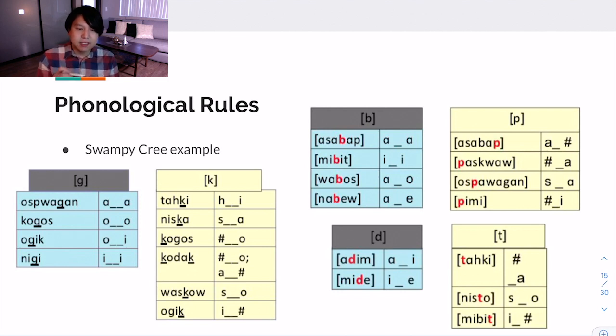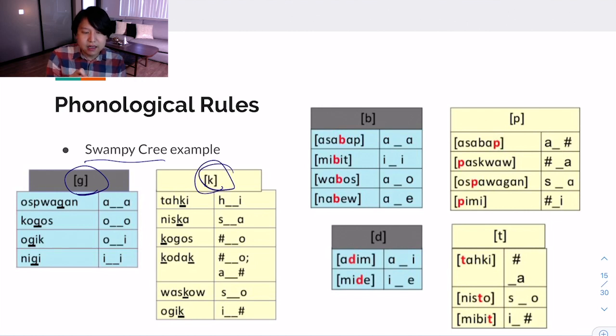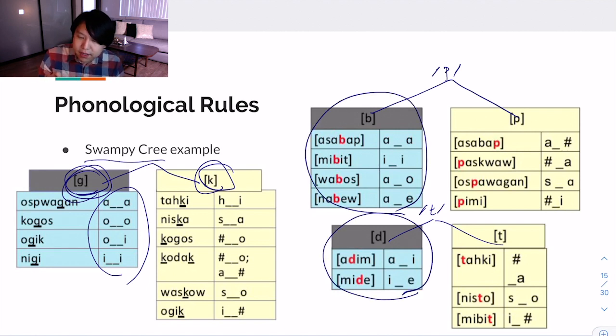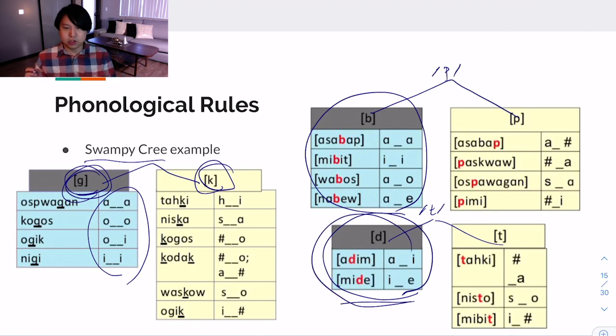So for example, in the Swampy Cree example, the g sound, ga and ka, is actually a single phoneme because the ga sound exists only in intervocalic position. And similarly, ba and pa are also two different allophones of a single phoneme. Da and ta are also two different allophones of a single phoneme. And there is always a voiced counterpart in an intervocalic position.